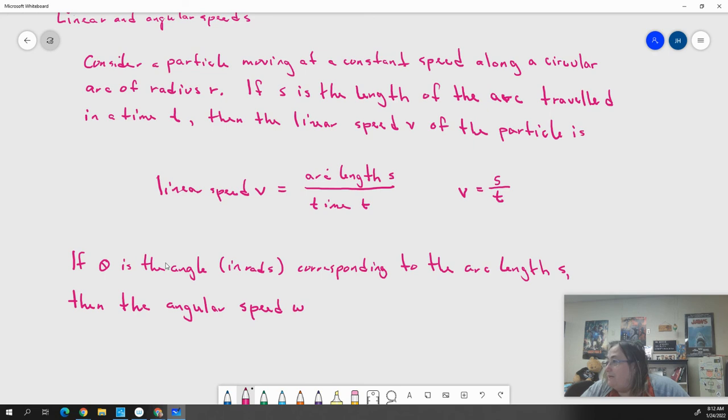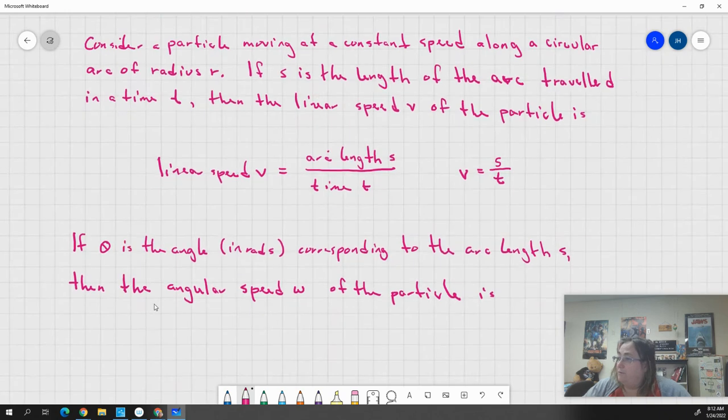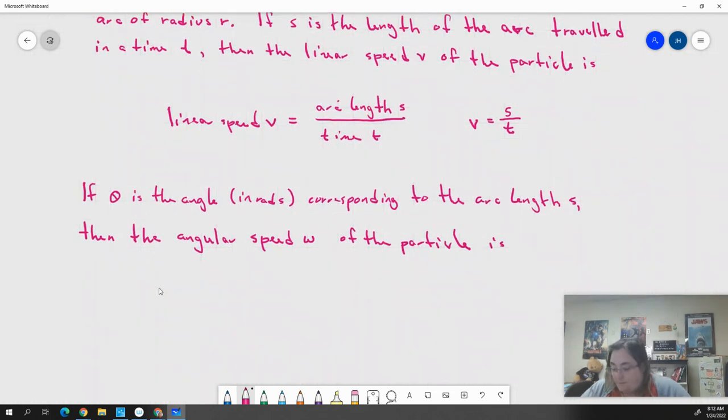We use this little W thing, which is like omega in Greek letters, but it's just a little W. Angular speed W of the particle is, here's our other formula: angular speed W equals central angle theta over time, which is t.